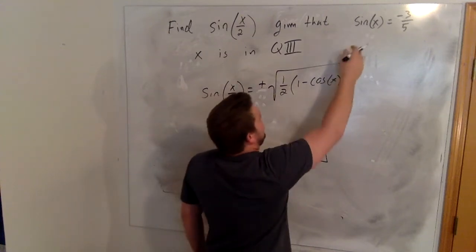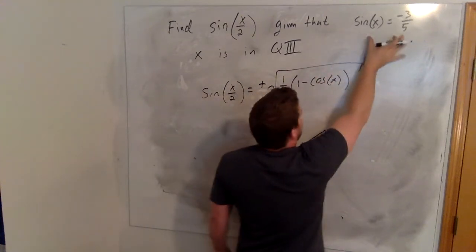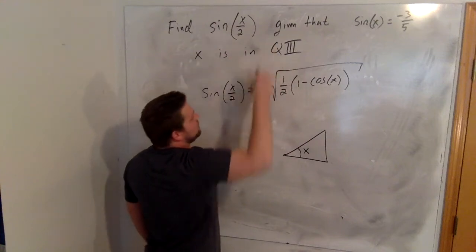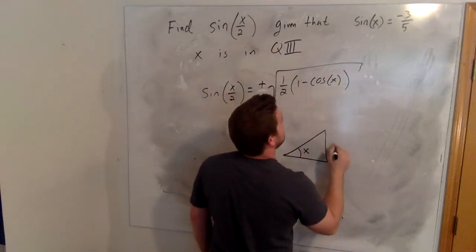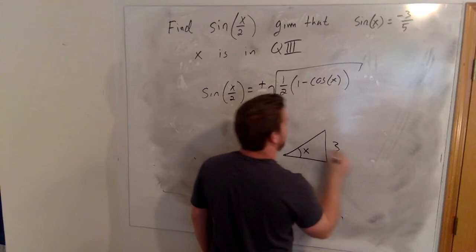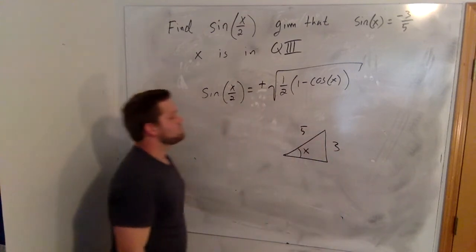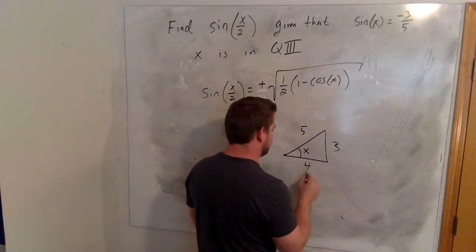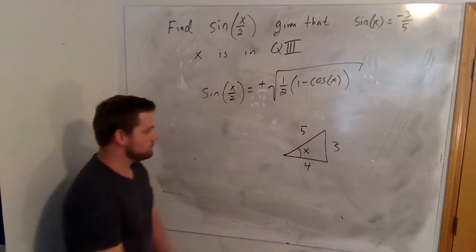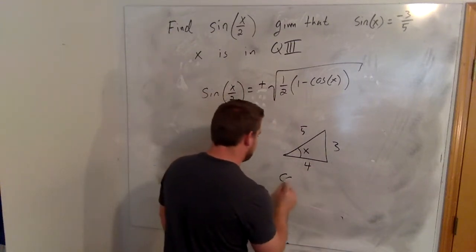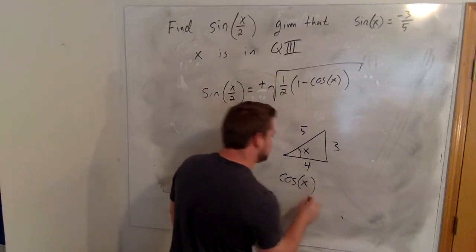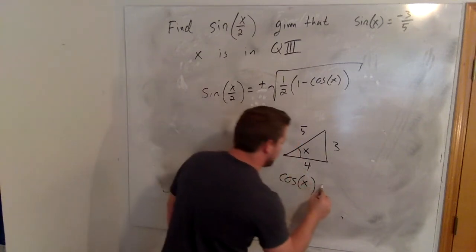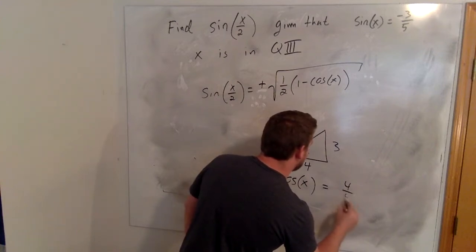Let's pretend we're actually in quadrant 1, even though x is in quadrant 3. Sine is opposite over hypotenuse. This is a 3, 4, 5 triangle, so you could use the Pythagorean theorem and convince yourself that this length here should be 4. So we have that cosine of x is equal to adjacent over hypotenuse, which will be 4/5.